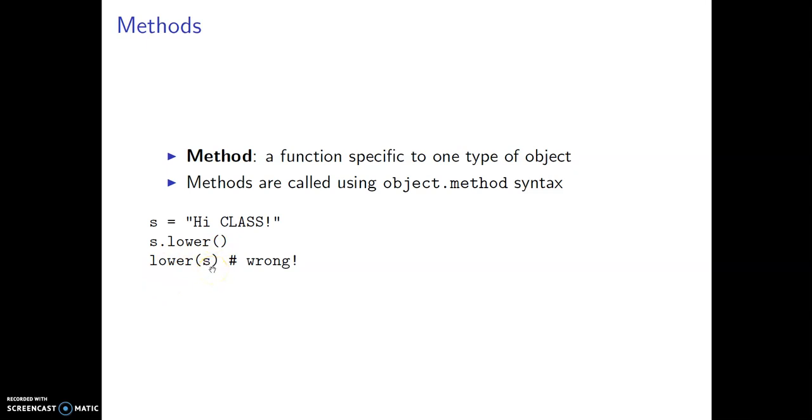This is thinking like R, which I will probably make mistakes in when we're working in class, because this is my default thinking, and this I have to be more thoughtful about. But it goes object.method in Python. There's nothing to include within the parentheses. Don't even try because you'll get an error message if you try that. Okay, I'm pretty sure you would.